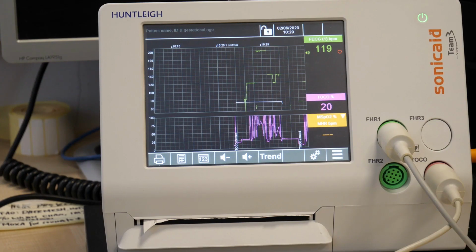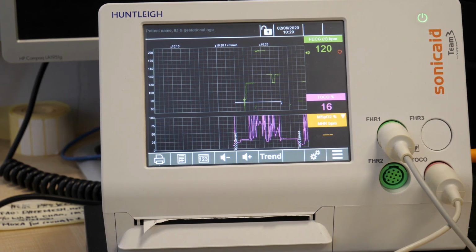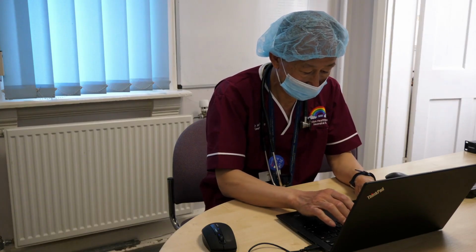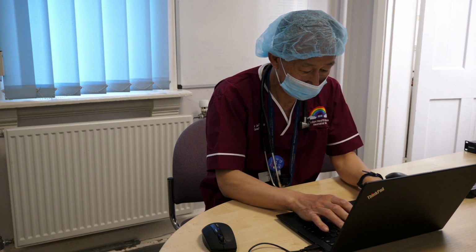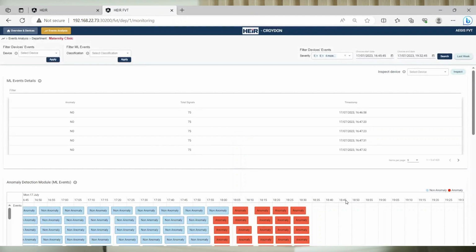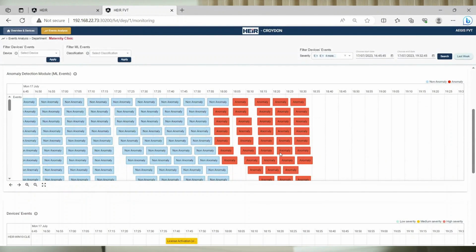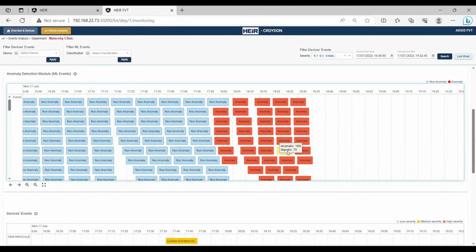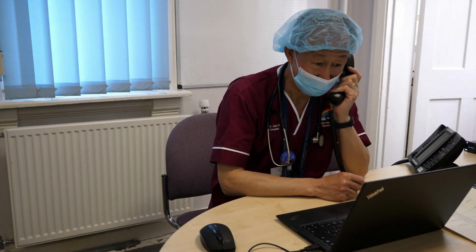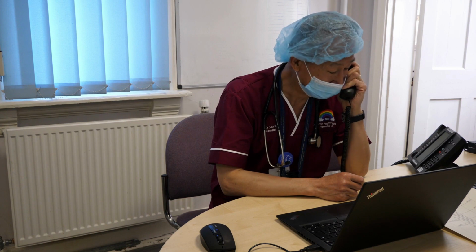As the Team 3 starts up, it's clear that the signals are very abnormal, suggesting that the baby is in trouble. Dr. Chang, because of his inexperience, is not sure what needs to be done to safeguard the baby. However, the IT manager notes that the Anomaly module has picked up on abnormal signals arising from the Team 3 device, so rings Dr. Chang directly to warn him that the system may be compromised.